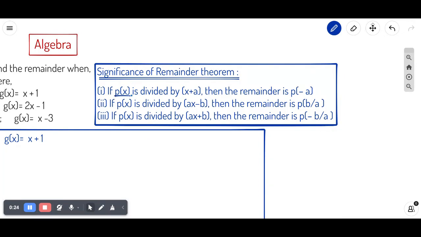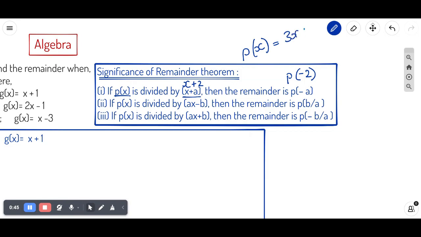See, if there is a p of x and it is divided by x minus a, then the remainder is p of a, which means let p of x be something, and if you are dividing it by x plus 2, then the remainder is p of minus 2. What you have to do is in your p of x, replace all the values of x.